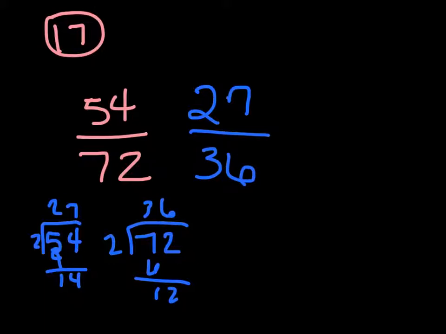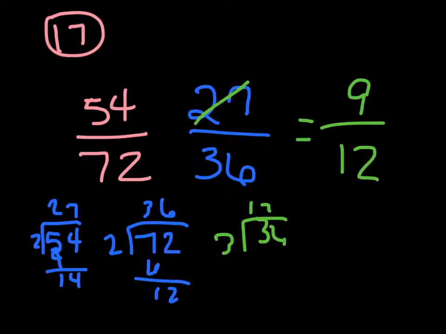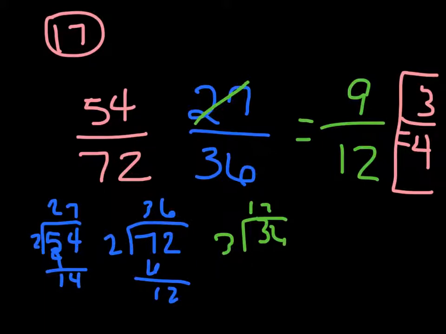Okay, now 3 can go into the 27 and the 36, so I'm going to divide that by 3. 27 divided by 3 gives me 9. And 36 divided by 3 gives me 12. Now I can see again that 3 goes into 9 and 12, so I'm going to have to divide that by 3 again. 9 divided by 3 gives me 3. 12 divided by 3 gives me 4. So my final answer is 3/4.